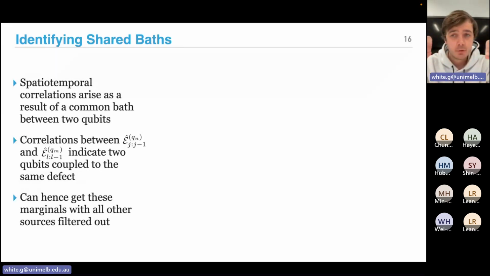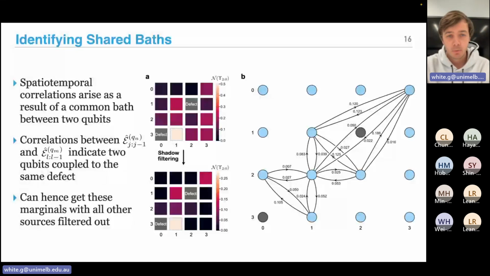Then these two qubits will be correlated in both space and time, because a past action on a single qubit could impact the future dynamics of a different qubit. And this would be an indication that they're coupled to the same bath. They have a common cause variable.